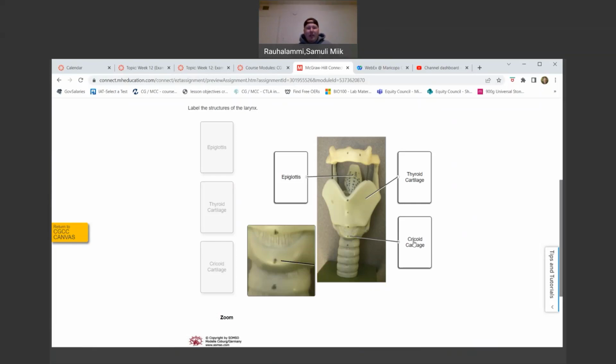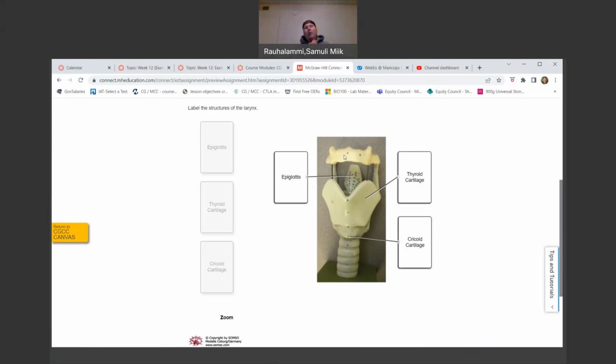A few other things that we see on this picture that haven't been highlighted: we see the trachea with the tracheal rings. Those C-shaped structures, remember, ensured that the trachea, the airway, was kept open at all times. We also see the hyoid bone here.